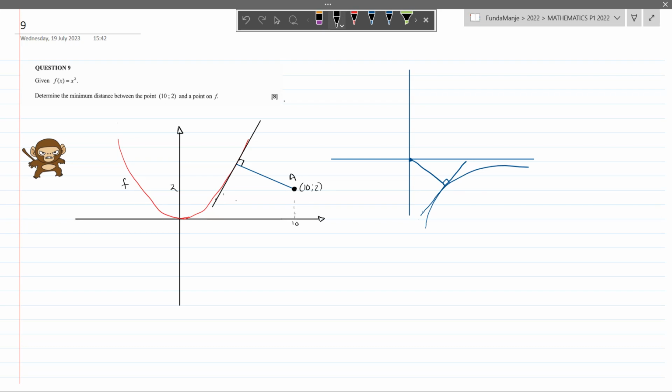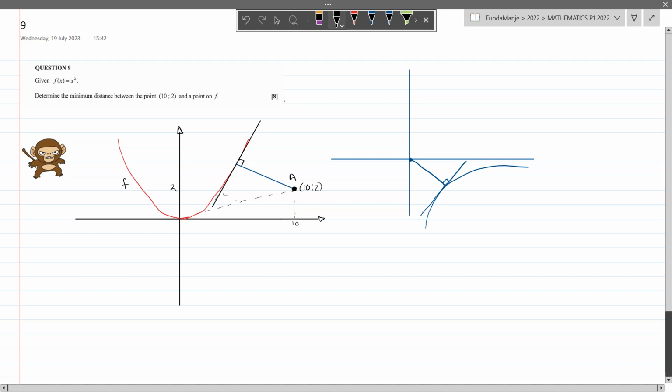This can vary a lot in distance, so it could be here. This is just describing the distance. This is not the minimum distance, but what we need in order to figure out the minimum distance is just the general formula for the distance between that point and our function.